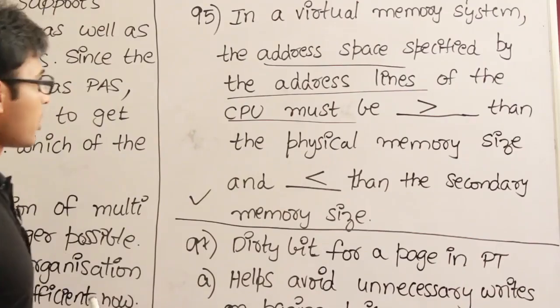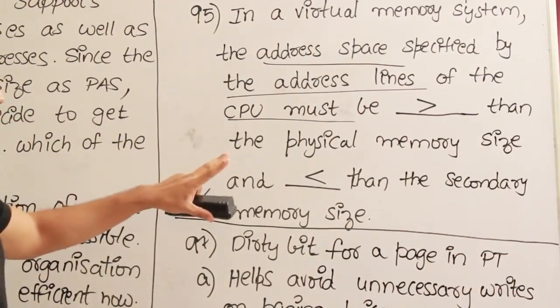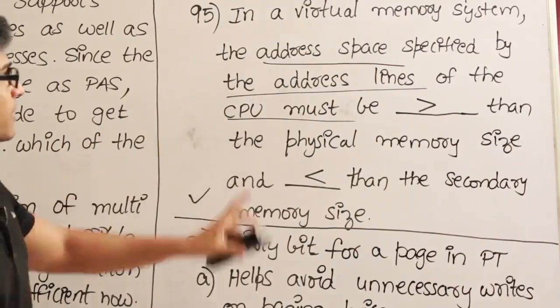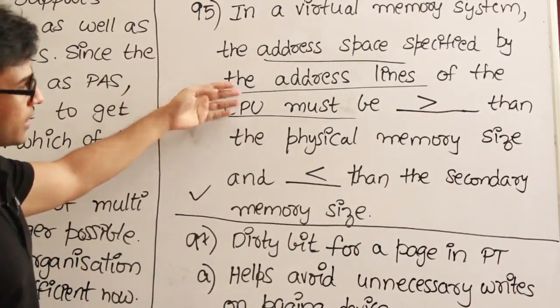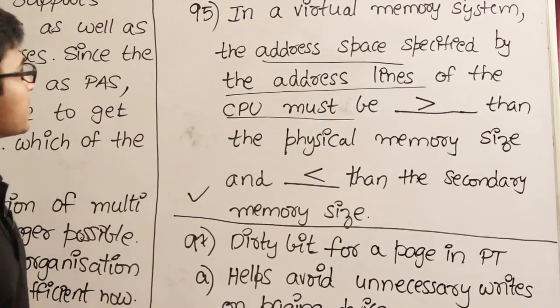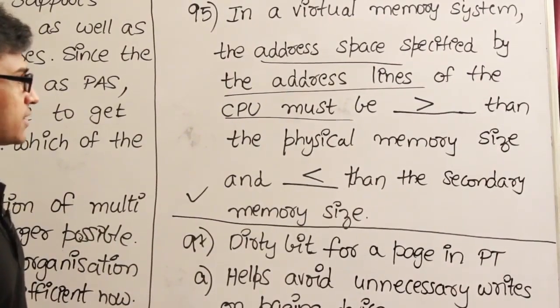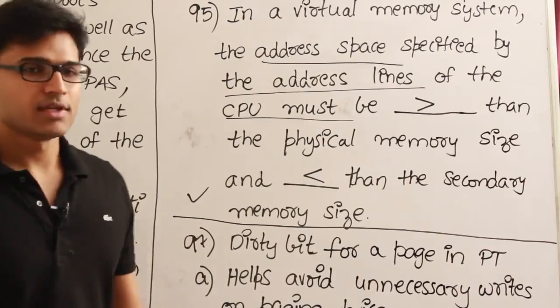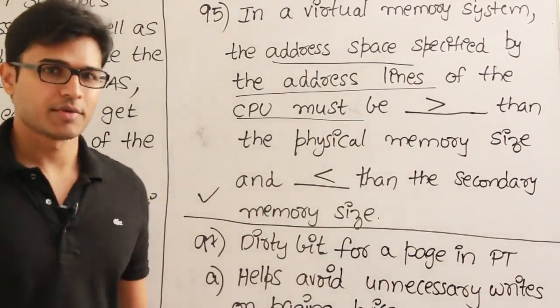Okay. So for this question, this seems right. But nowadays virtual memory size or logical address size need not be bigger than the physical address size. It was asked in 1995, but nowadays we have operating systems where even if the process size is smaller than the main memory, we are still using the virtual memory concept.